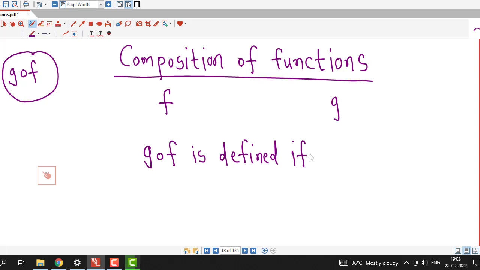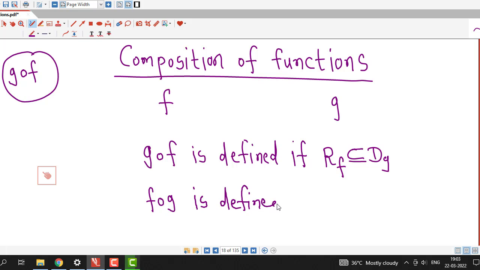So that condition is: g∘f is defined if range of function f is a subset of domain of g. And if we want to define f∘g, then we will reverse this condition. We are considering range of this function and domain of this function.